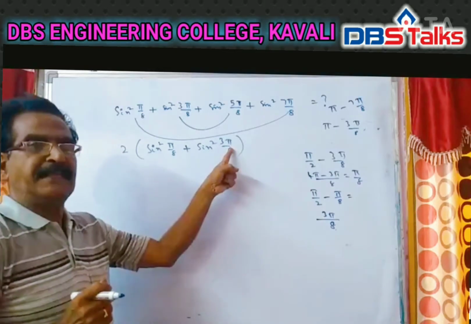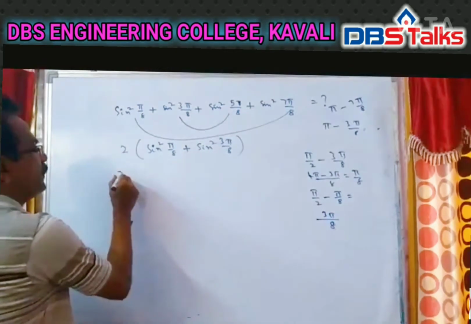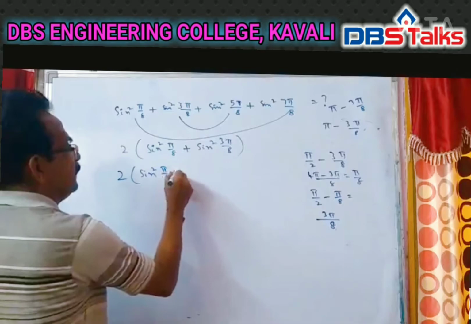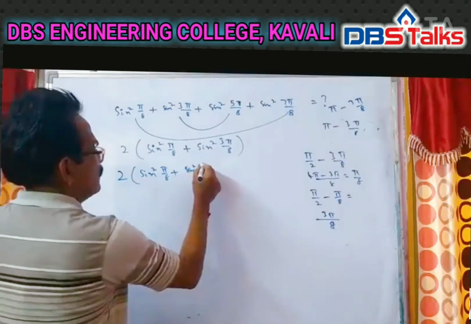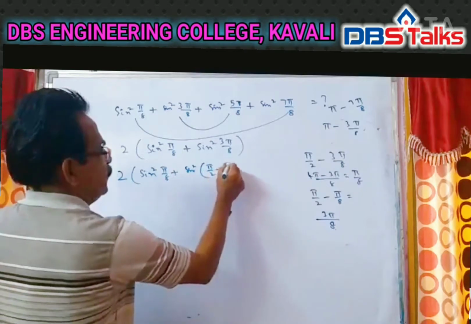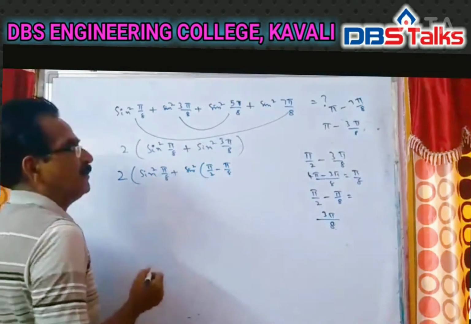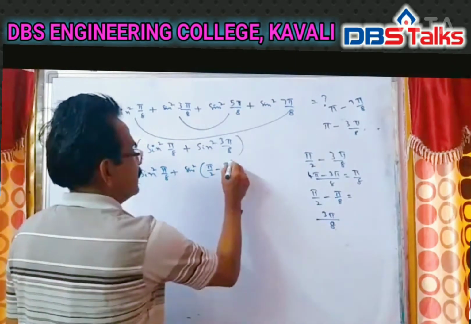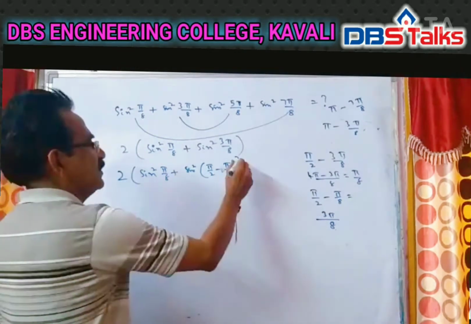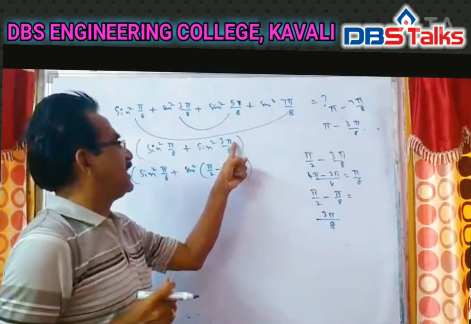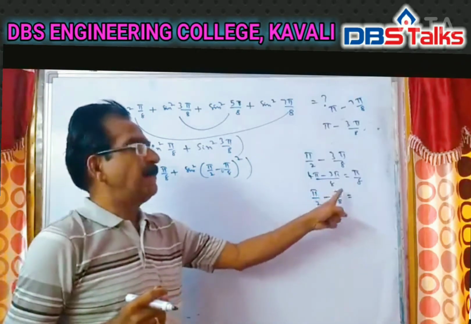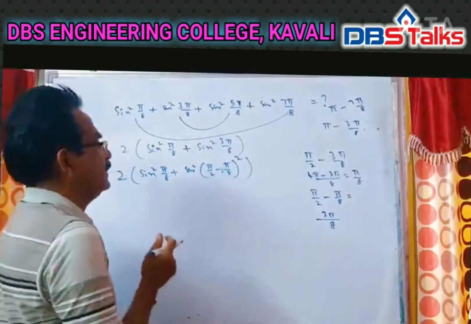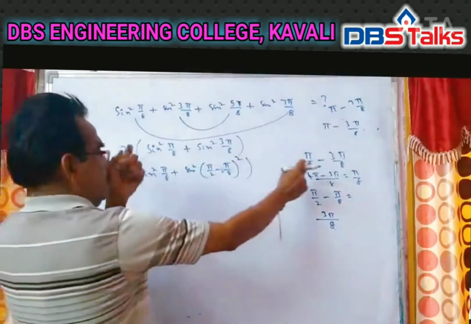3 pi by 8 can be written as, see friends, 2 into sine square pi by 8 plus sine square of pi by 2 minus pi by 8. 3 pi by 8 can be written as pi by 2 minus pi by 8, or this can be written as pi by 2 minus 3 pi by 8.